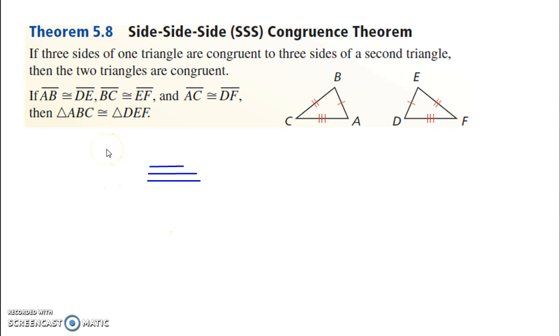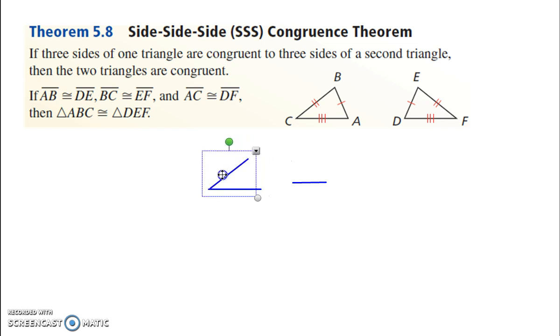The side, side, side congruence theorem says that if all three sides of one triangle are congruent to all three sides of the second triangle, then the triangles are congruent. So if you had three different lengths, there's only one way to put them together to make a triangle.